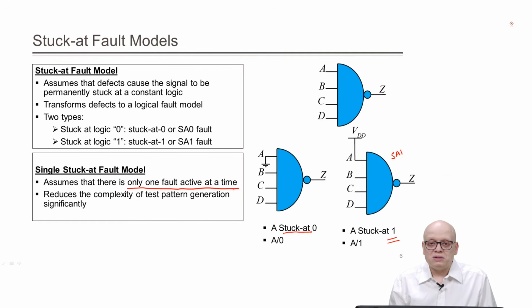Now, given a circuit consisting of millions of gates and millions of nets, is it fair to assume that only one fault is active at a time?